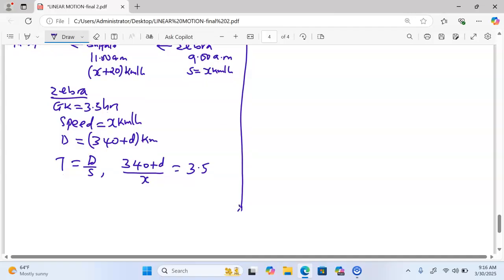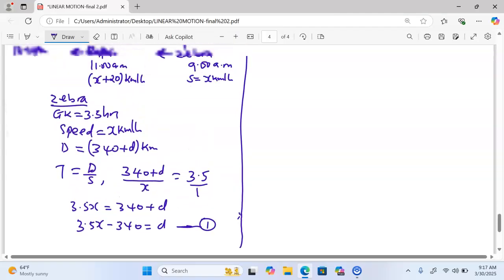We can rationalize 3.5 as a fraction by putting it over 1, then cross multiply. X times 3.5 gives 3.5x, which is equal to 1 times 340, which gives 340, plus 1 times D, which gives D. If you want to remain with D, you take 340 to the other side, such that 3.5x minus 340 gives us D as our first equation.